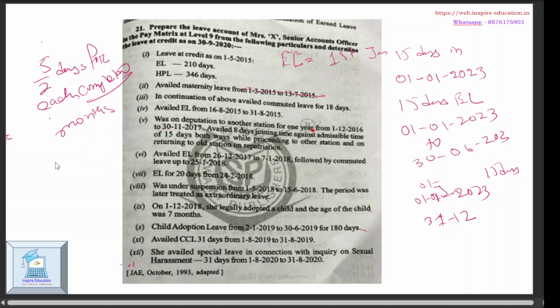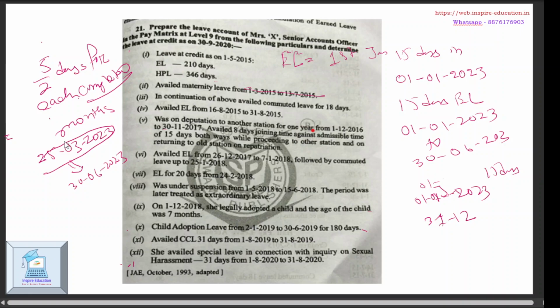Let's suppose someone joins on 25 March 2023. What will be the credit for the employee up to 30/6/2023? We know that on 1st July 2023, 15 days is credited.